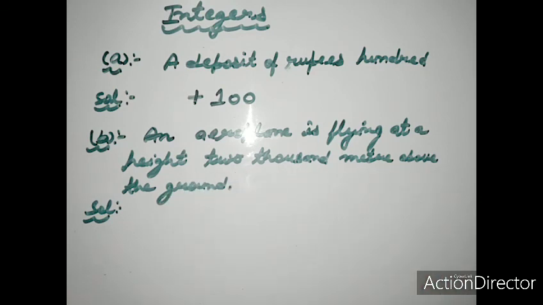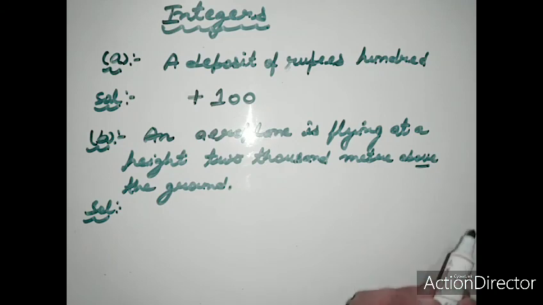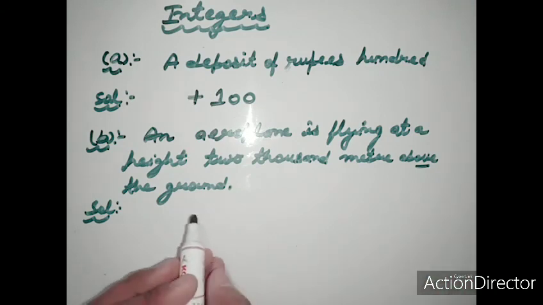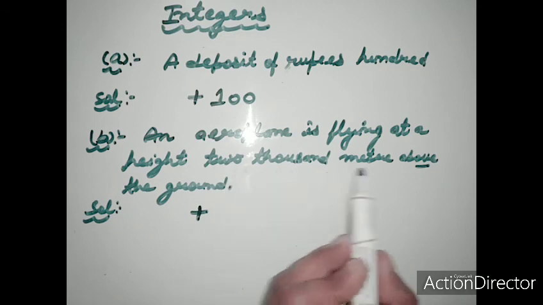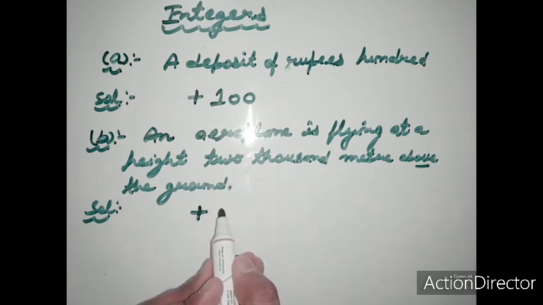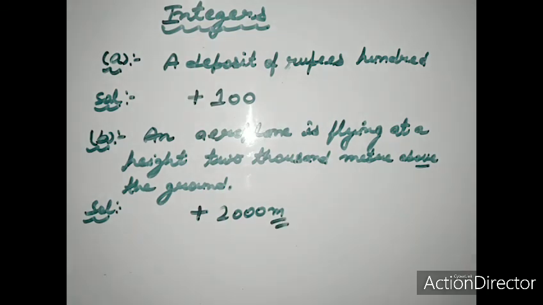So dear friends, remember one thing here: if the word used is above, it means positive, and below means negative, right? So here we write how much, 2000 meters, so we write plus 2000. So dear friends, you also try to solve this type of question from chapter number 6, exercise number 6.1.